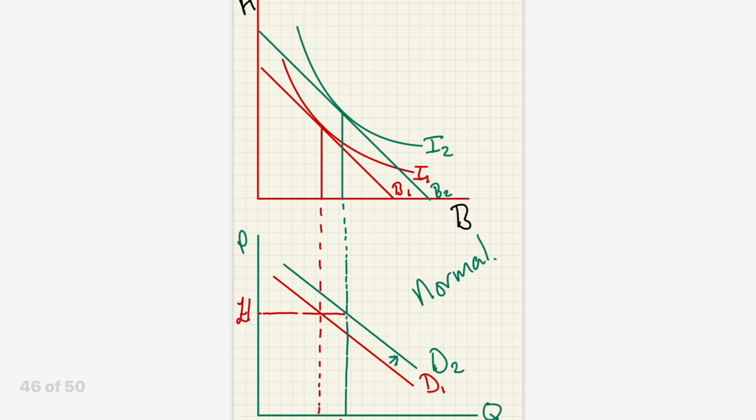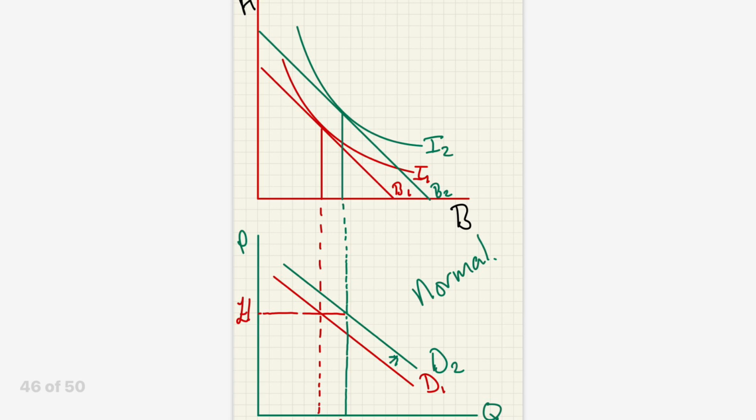So the consumer's equilibrium changes from the red tangent there, the tangent between indifference curve 1 and budget line 1, to the green tangent there, the position where I2 and B2 are in tangent. The price of good B, we're only plotting the demand curve for good B here, has stayed the same at £1.